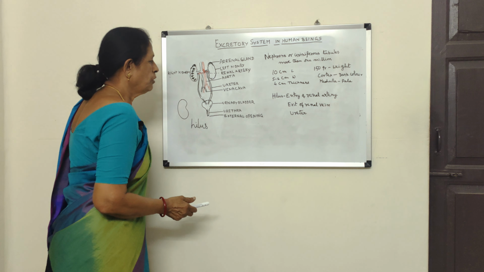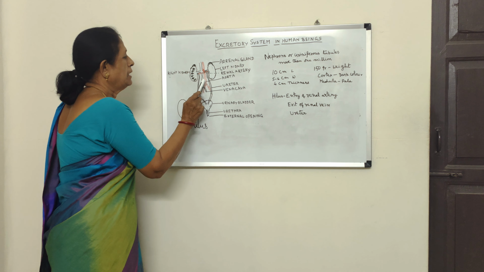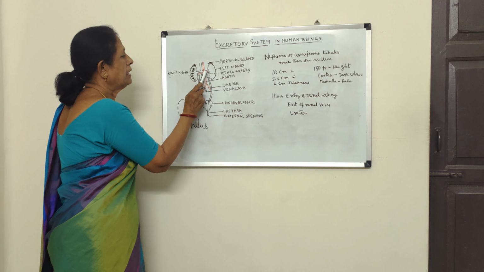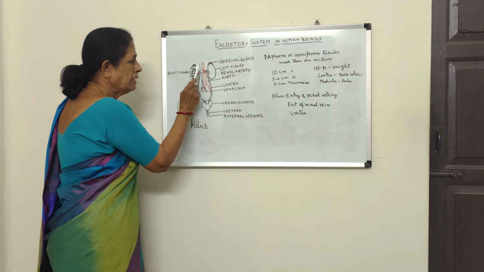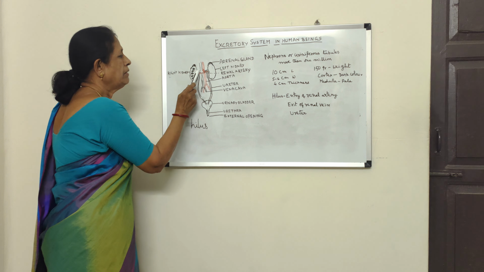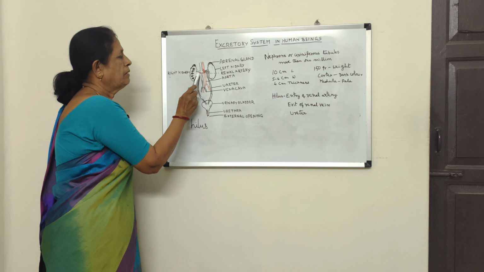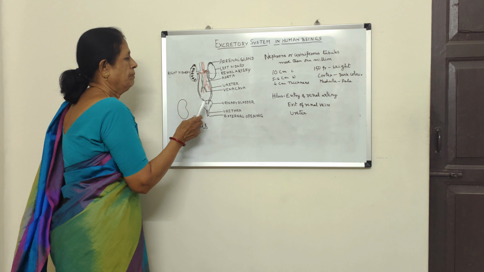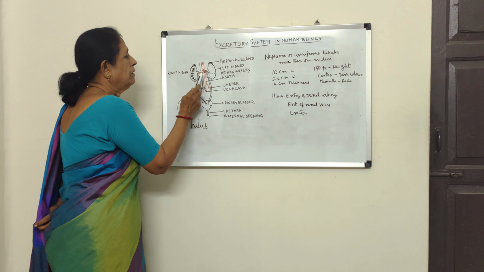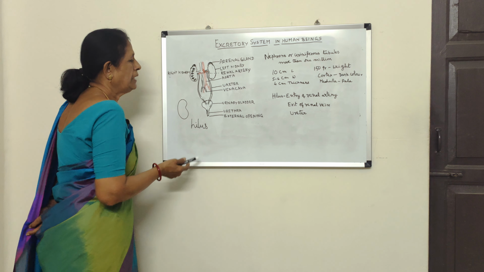So this is the renal artery, and it enters the kidney, and the renal vein exits the kidney. Red color represents the artery, and black color represents veins.